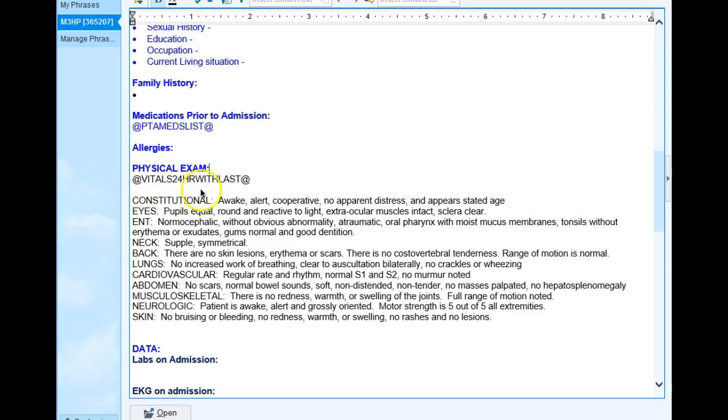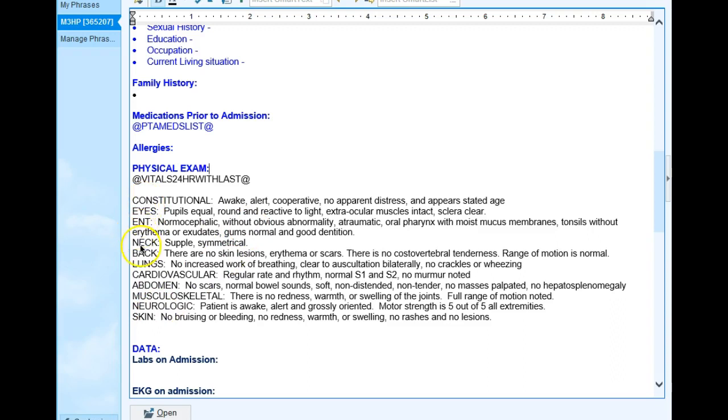You can use vitals within the last, as my personal favorite vital sign auto population. In terms of the physical exam, I've included this template that is pretty standard, but I really want to emphasize that if you are including this, you have done it.